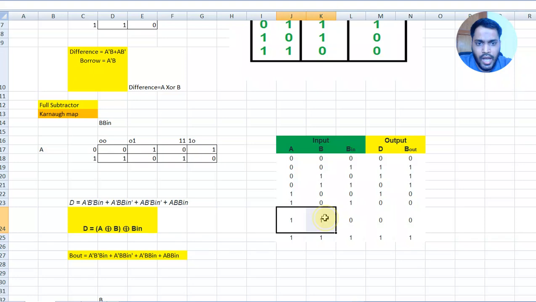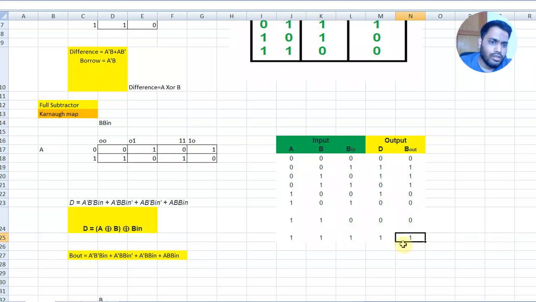As a and b both are 1, here it is 0. Here both are equal, and alongside that we have borrow in as 1. So a is not smaller than b, but we are taking a borrow here, so that's why borrow out will be 1.